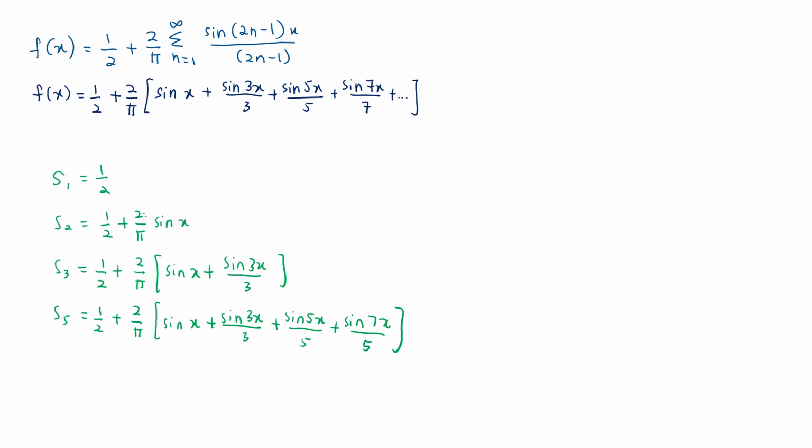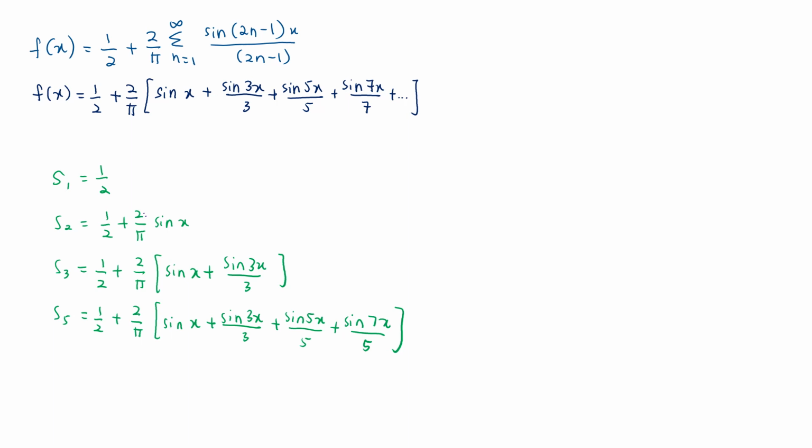Okay, so from here we know that we can create a partial sum based on this function, where the first partial sum is equal to the first term, which is equal to half, and the second partial sum is equal to the summation of the first two terms, which will be half and 2 over pi sine x, and the third partial sum is equal to half plus 2 over pi sine x, and the third term will be sine 3x over 3.